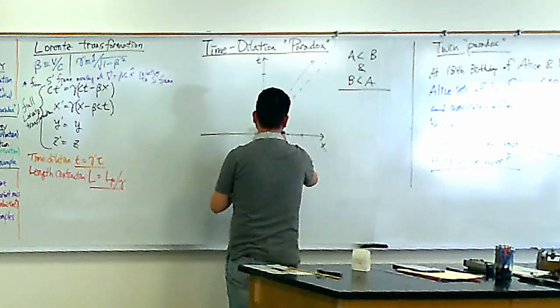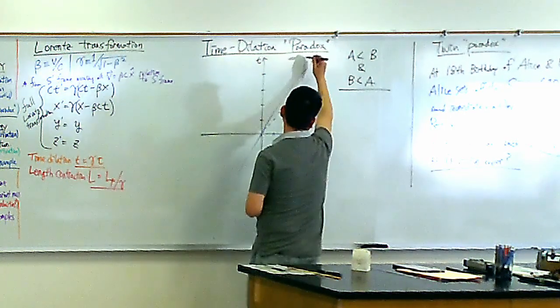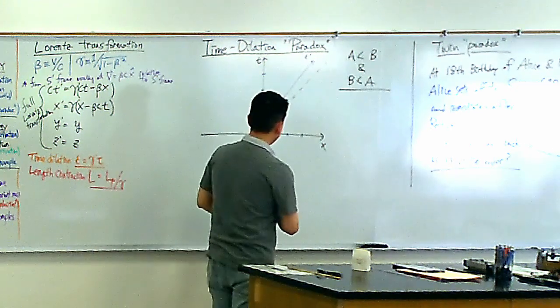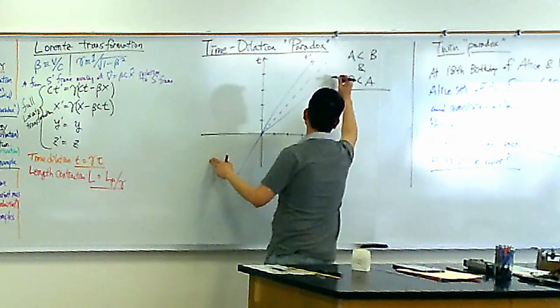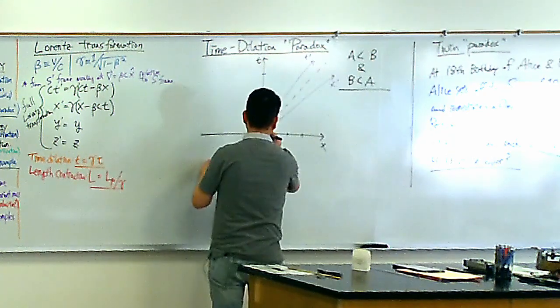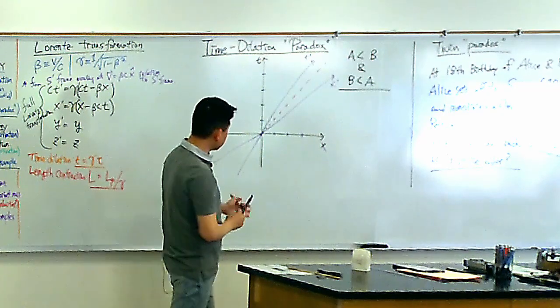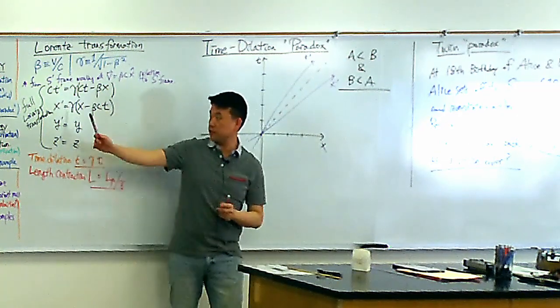So pretty fast, but not quite at the speed of light. If this is the t prime axis for Bob, that's how fast he's moving, then the x prime axis for Bob would look something like this. Close enough. Okay? And the spacing here will actually change. That's an effect of this gamma factor.